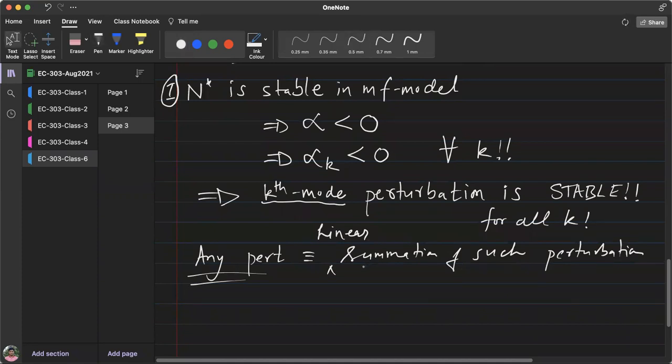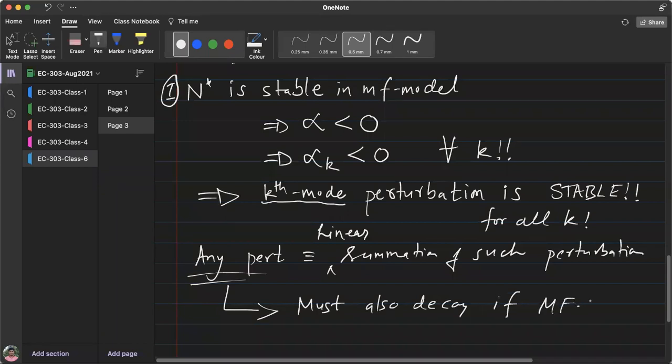Since every one of the perturbations dies, what does that mean? Any perturbation must also die if the mean field equilibrium was stable.